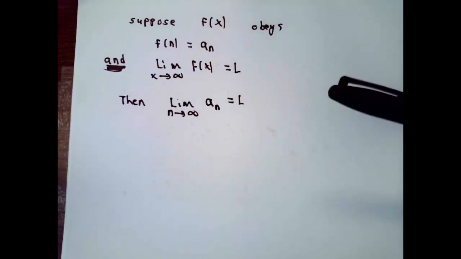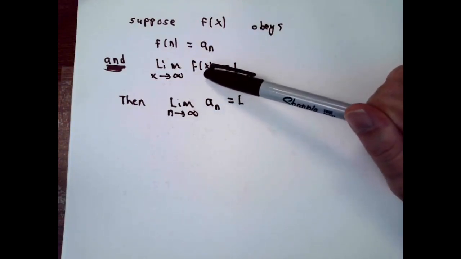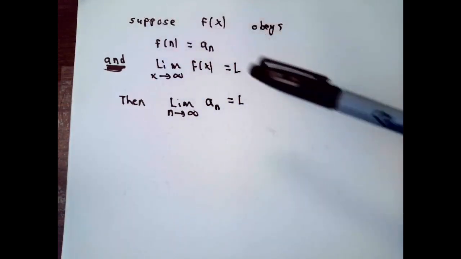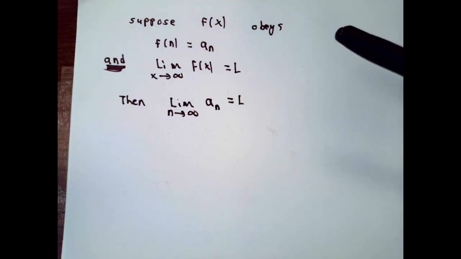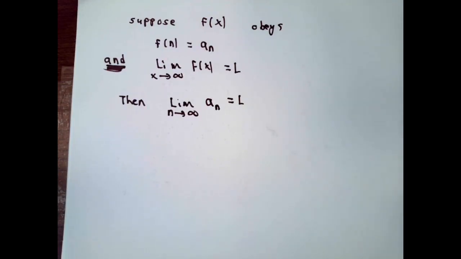Furthermore, suppose that the limit as x tends to infinity of f of x is L. If all of this stuff is true, then the limit as n tends to infinity of a sub n is L as well. It's not very hard to see why this is true.